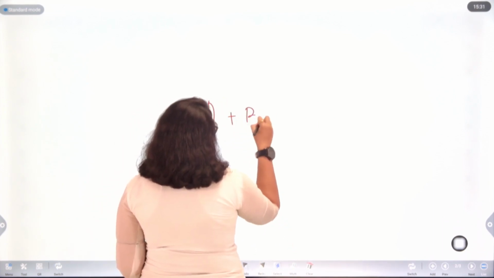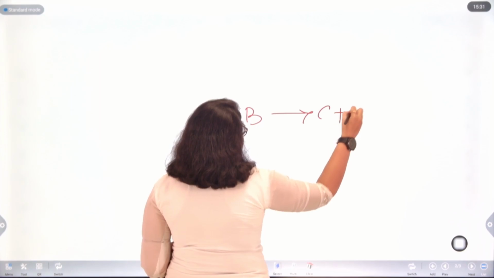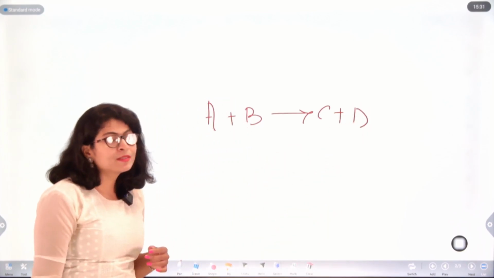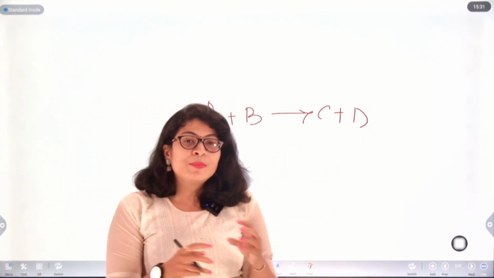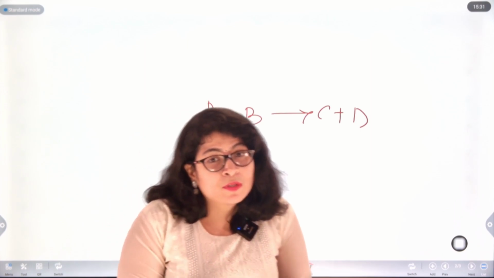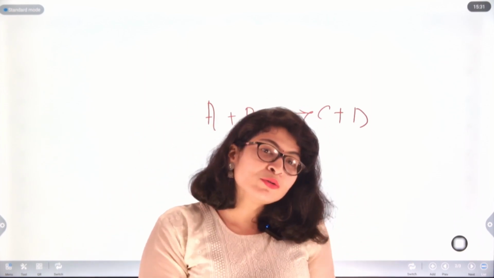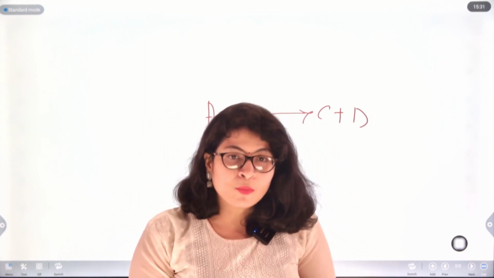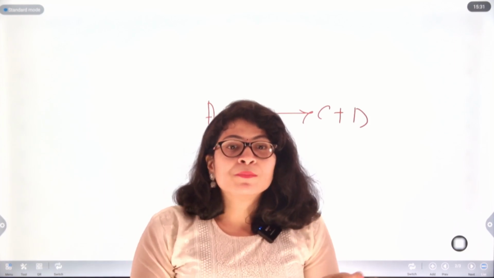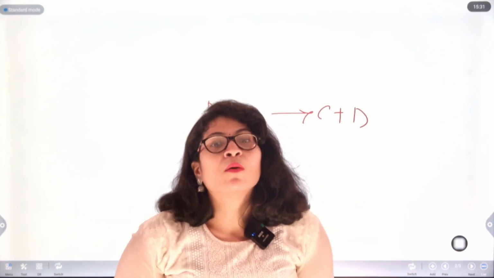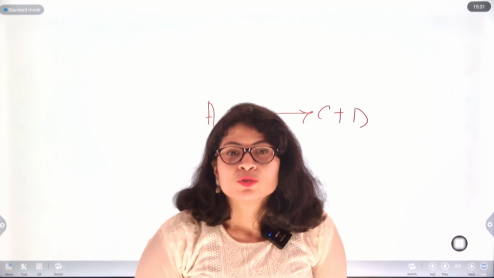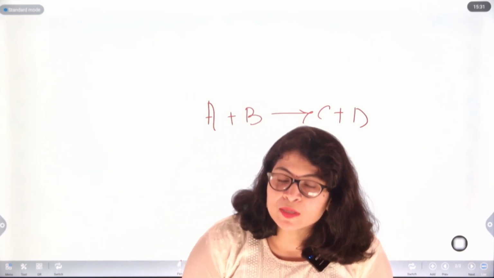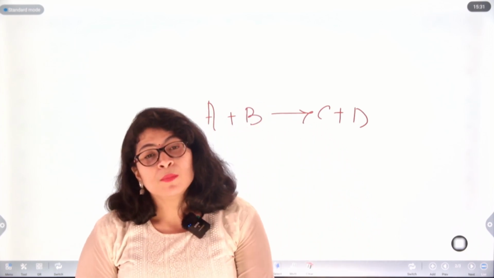A is reacting with B to give me C and D. That means in A there will be breaking of some bonds, and in B also there will be breaking of some bonds. Then those broken bonds combine with each other to form newer bonds, right? So in an organic compound, what is happening? There will be breaking of bonds.